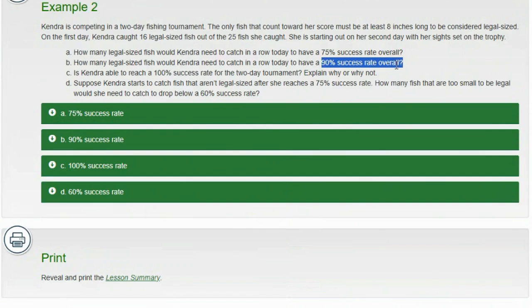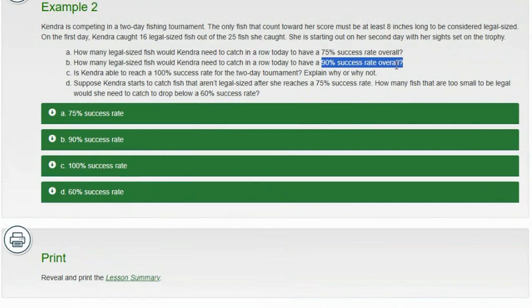I think you're going to have to catch a lot more fish. All right, work on 90. I'm going to wait for a second, let you get a head start. I'm going to write the problem over here. Make sure you at least have it set up properly.